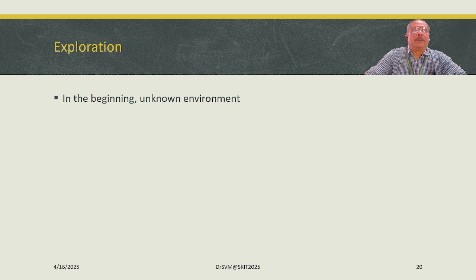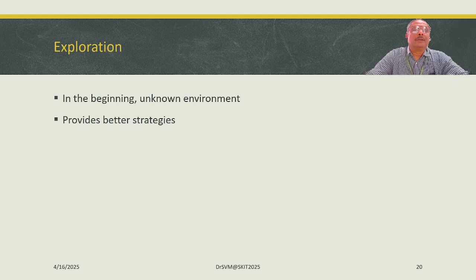When we begin our game, the environment is totally unknown to the agent, and exploration is an activity that provides better strategies. When we know nothing about the environment, we can't make any strategy or decide which action to take.